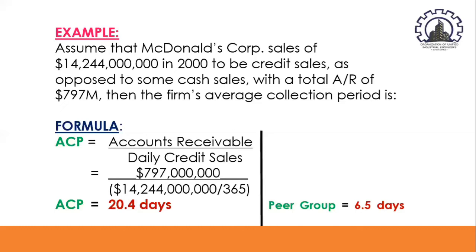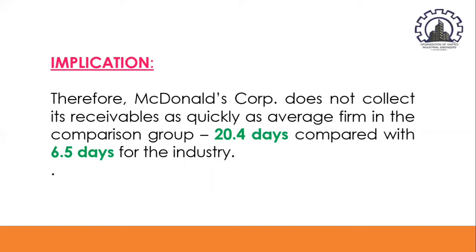Therefore, McDonald's Corporation does not collect its receivables as quickly as the average firm in the comparison group, because 20.4 days compares with 6.5 days for the industry. So comparing the two, the peer group is quicker compared to McDonald's in terms of collecting its receivables.